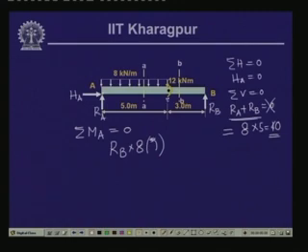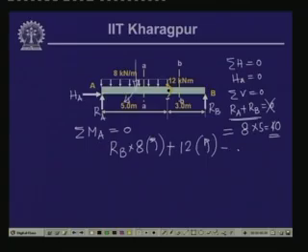Then we have an external moment which is also acting in anticlockwise direction and which we have considered as positive. So, this is 12 kilonewton meter, and then we have this loading which is acting at the center of this length, causing a moment in the clockwise direction.